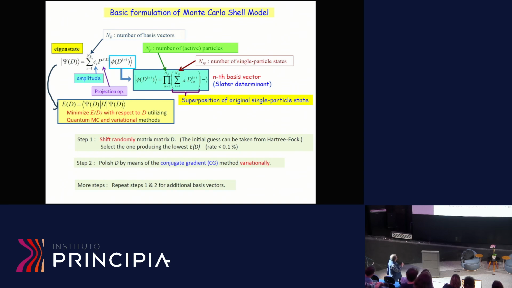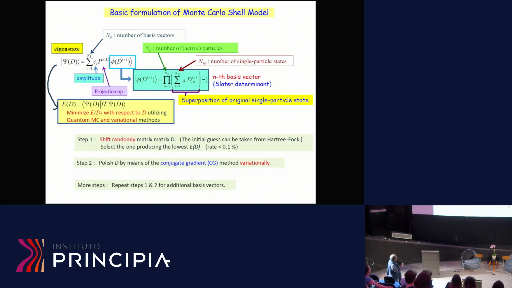We have several basis vectors from number 1 up to number NB. So this superscript n runs from 1 to NB. And for each of them, we have this amplitude. And this part is the projection operator. Because this Slater determinant is a deformed Slater determinant, it doesn't conserve any quantum number.